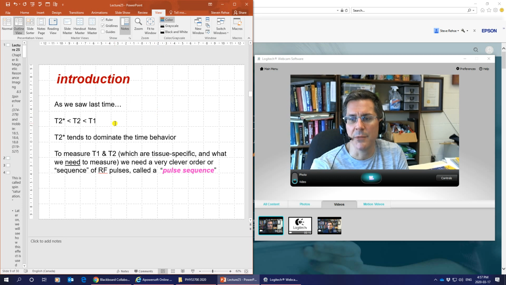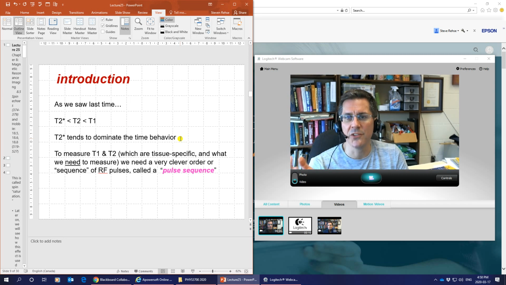That's the spin-spin relaxation. And then there's T1, which is the time that characterizes the recovery of the longitudinal magnetization. So you need to know what T1, T2, and T2 star are to make sense of this. T2 star dominates the time behavior because you're trying to make a measurement, but everything goes away really quickly, and it's due to the magnetic field inhomogeneities.